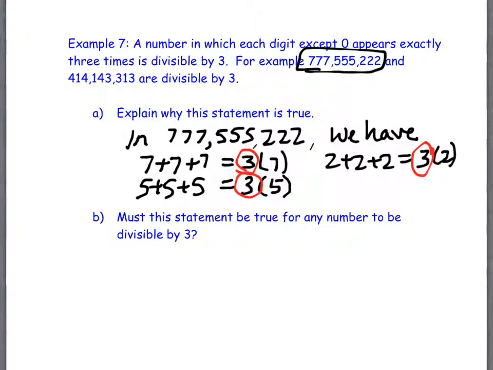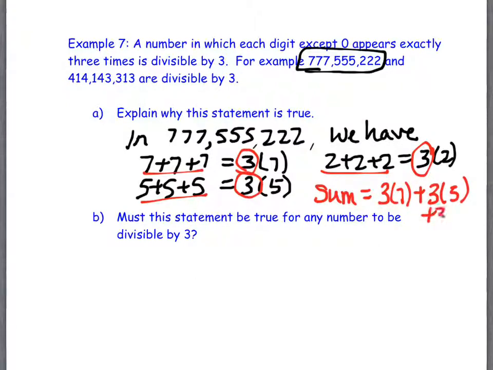Okay? So each, in fact, you know what, I can even do this. How about this? If I were to add all of these together, I would have 3 times 7 plus 3 times 5 plus 3 times 2. And I'm about to do something just scary. You ready? I'm going to take a 3 out. I undistributed the 3, didn't I?